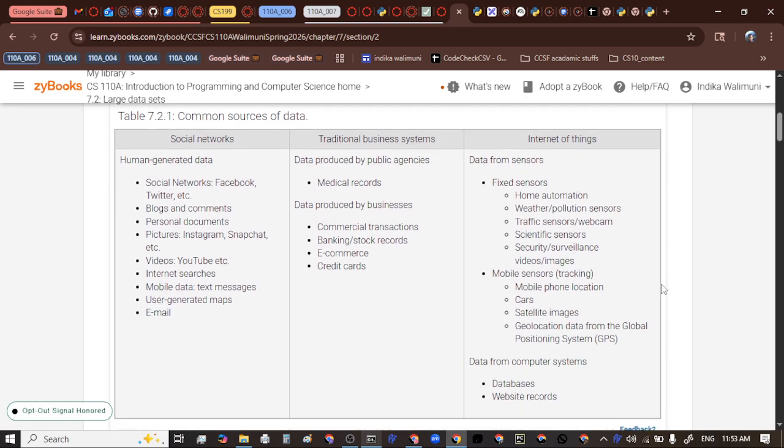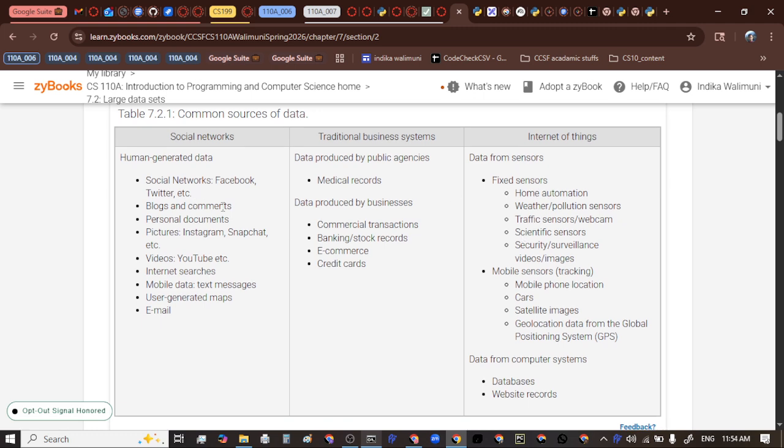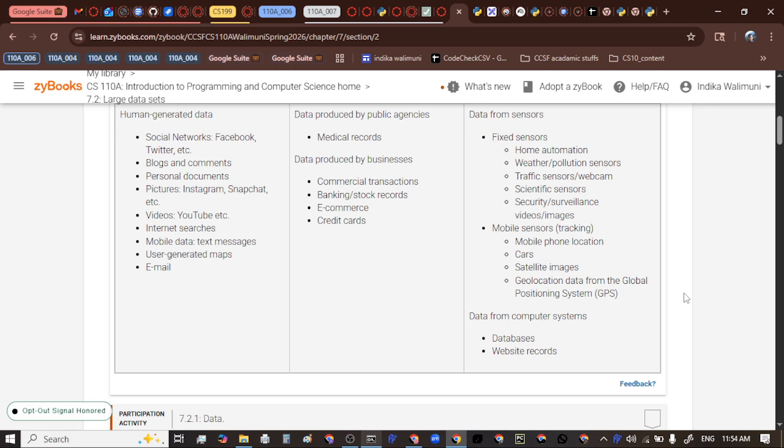Okay, and these are some sources of data: social networks, traditional businesses, and this one is becoming really common right now, the Internet of Things.